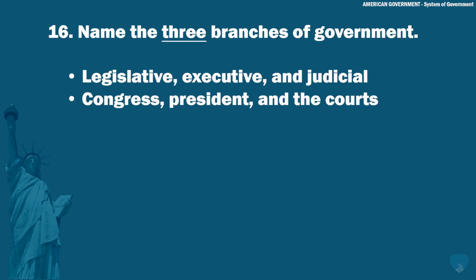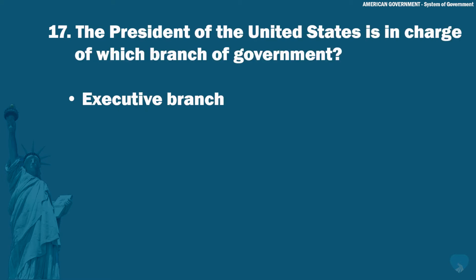Name the 3 branches of government. Legislative, executive, and judicial. Congress, President, and the courts. Question 17. The President of the United States is in charge of which branch of government? Executive branch.